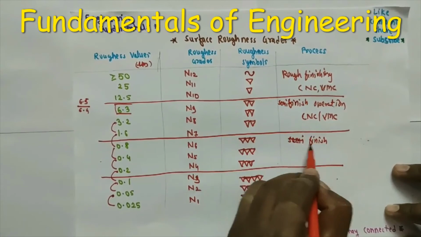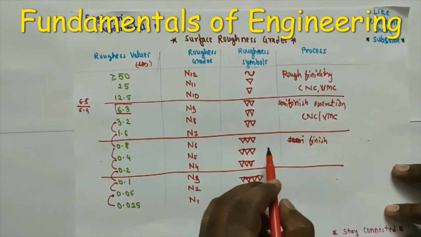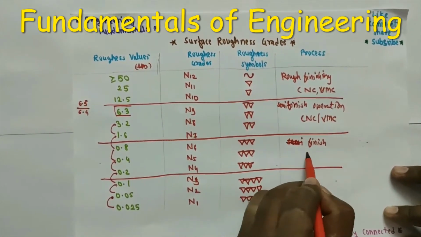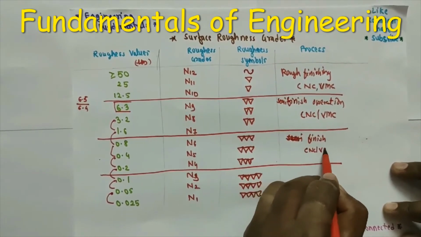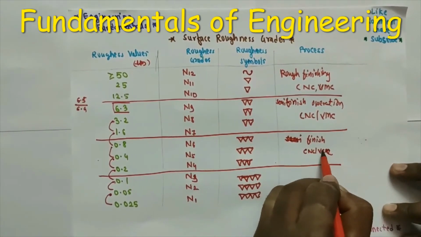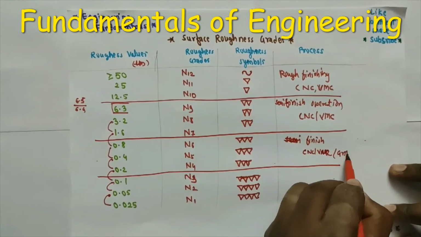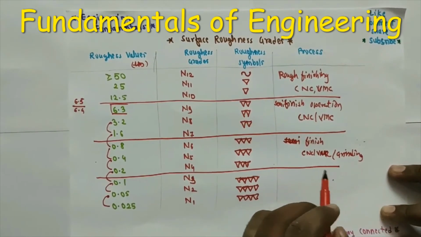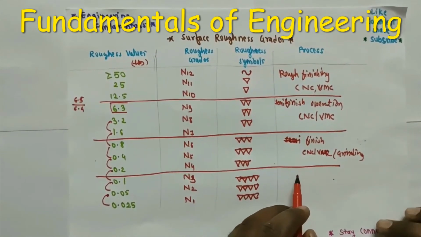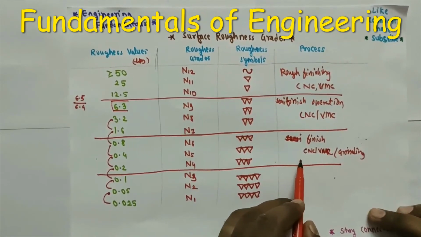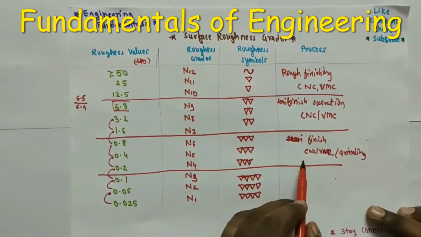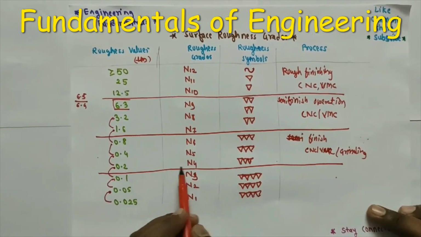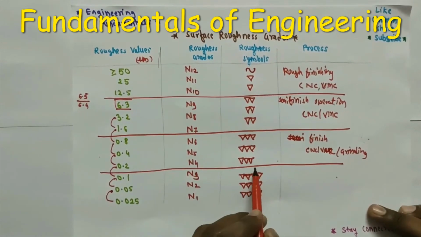This is the finish operation. This we can get by CNC or VMC or grinding operation. By using operations like filing, drilling, turning, boring, reaming, we can get these symbols.